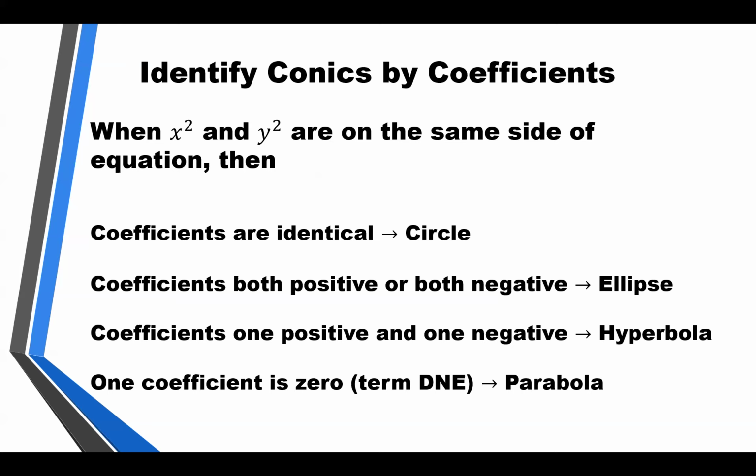And if one of the coefficients of the x squared term or the y squared term is 0, meaning I don't see an x squared term or I don't see a y squared term, but I see the other one, then I get a parabola. This gives us a way to really quickly identify conic sections.